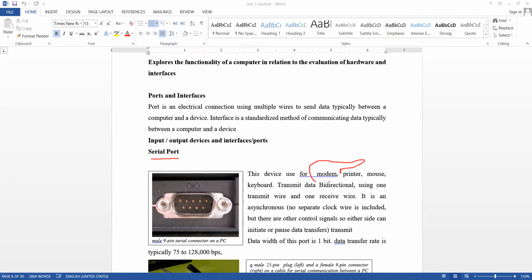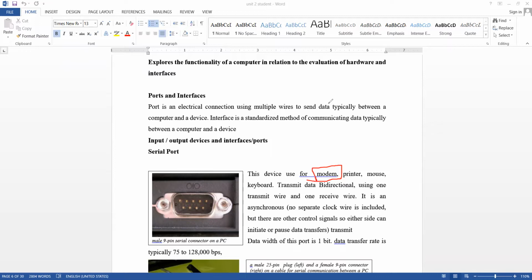Nowadays you don't get it, but we used modems to connect to the internet. Nowadays modems are embedded in routers, like the ADSL router modem, right? We'll be discussing these things in the networking part.